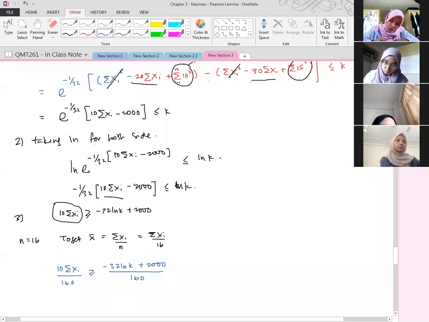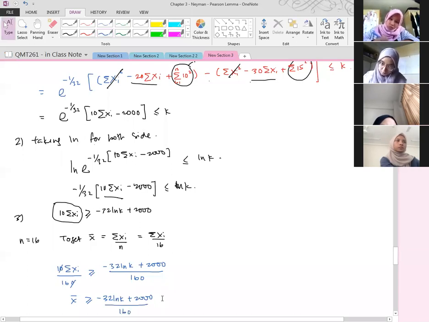Now if you cancel this one, it becomes x bar more than or equal to negative 32 ln k plus 2000 divided by 160.